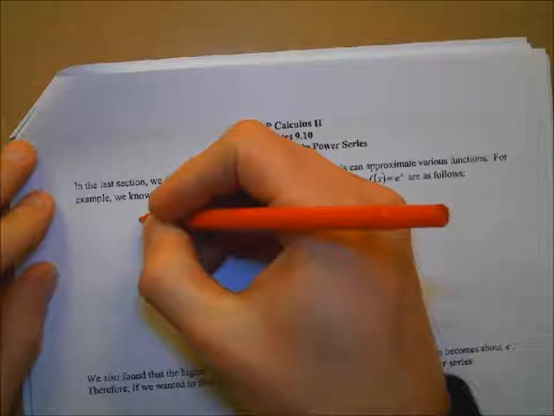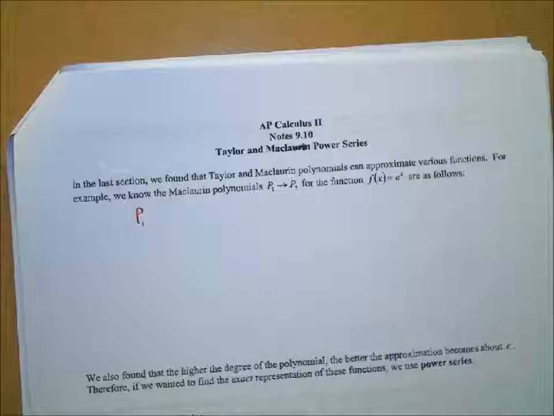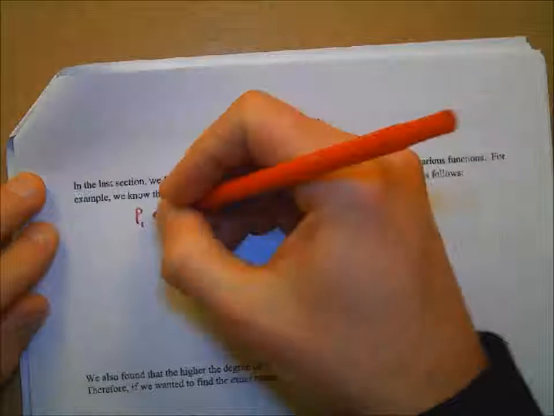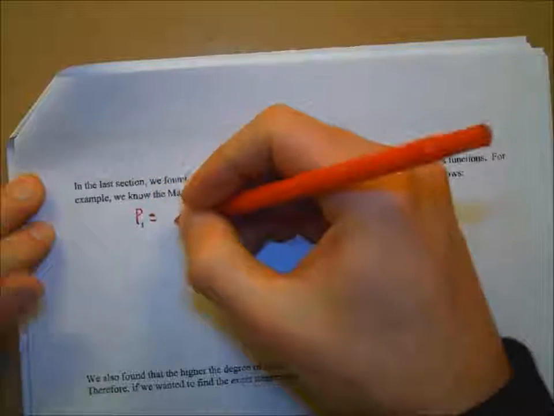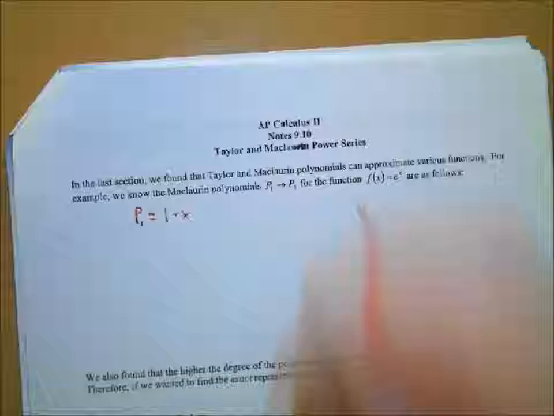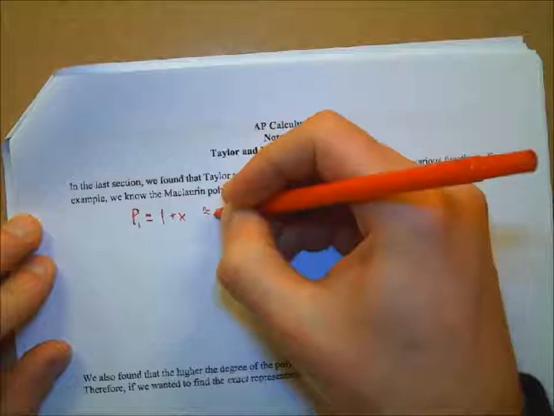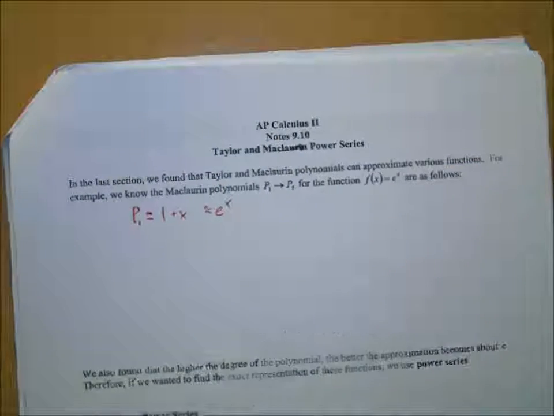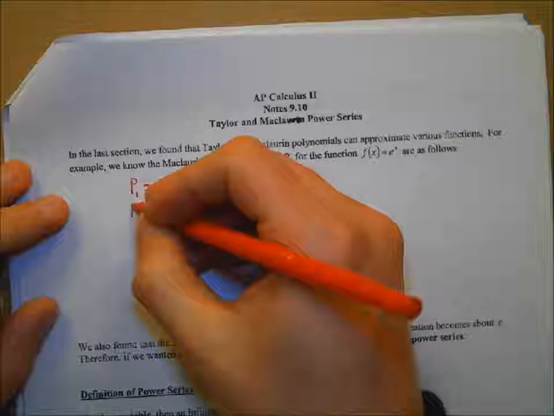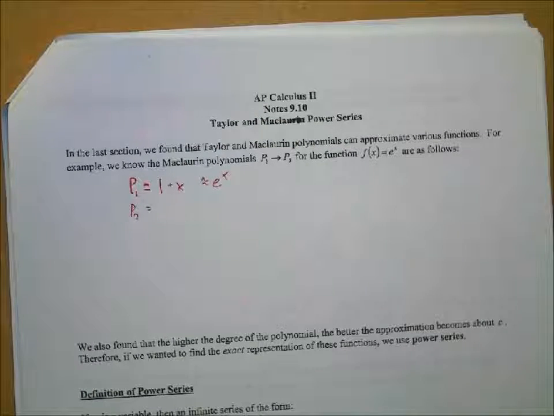If you recall, this is one of the first things that we did. We started with all those steps. I'm not going to do the 0th one because that's silly, but the first polynomial was 1 plus x, and we said that's approximately e to the x. Then we went one step better and made a degree 2 polynomial, which is even closer.